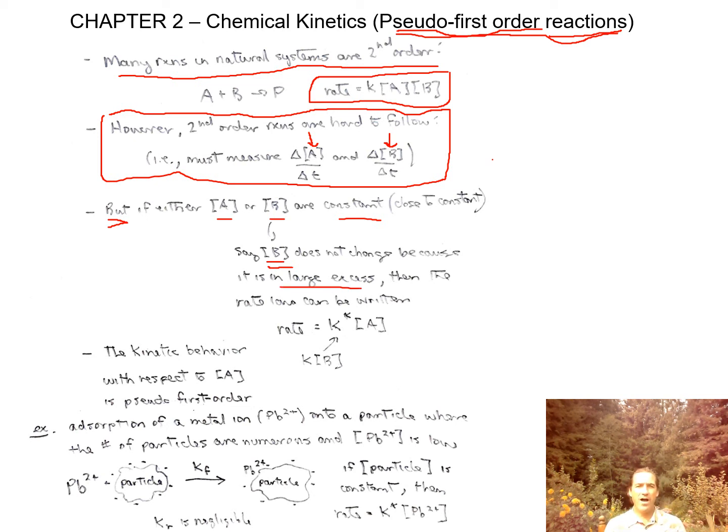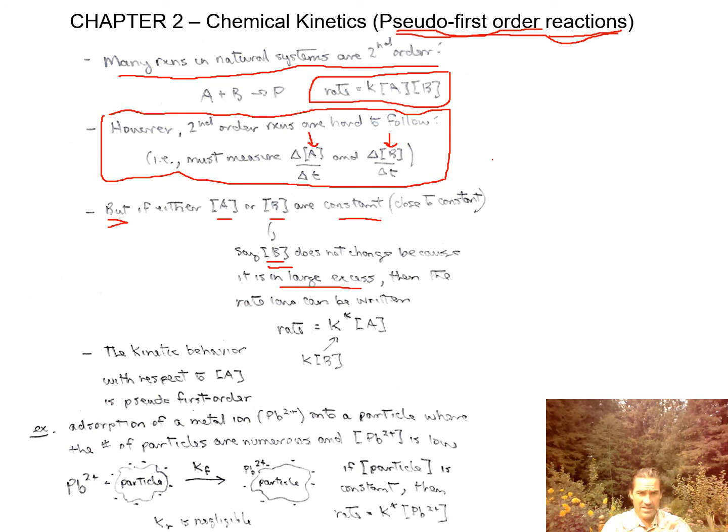That means over time, even though it's reacting and it's part of this second order reaction, its concentration really isn't changing over time. So you're not seeing a curve come down with respect to B, but with A, let's say at a low concentration, it is changing.